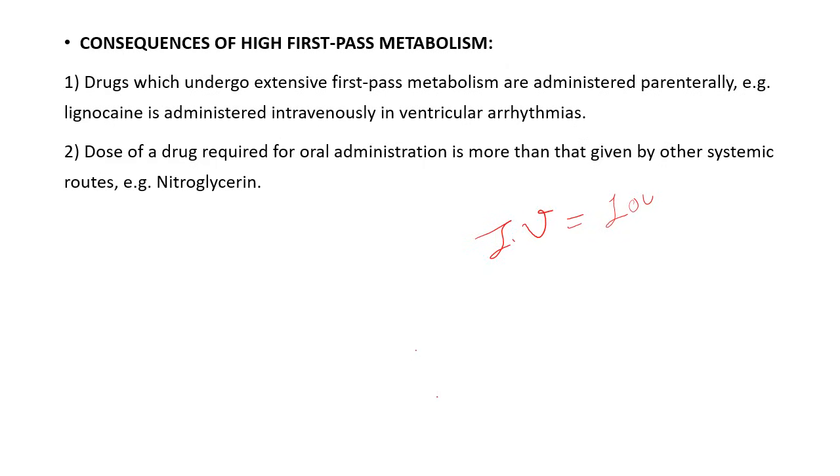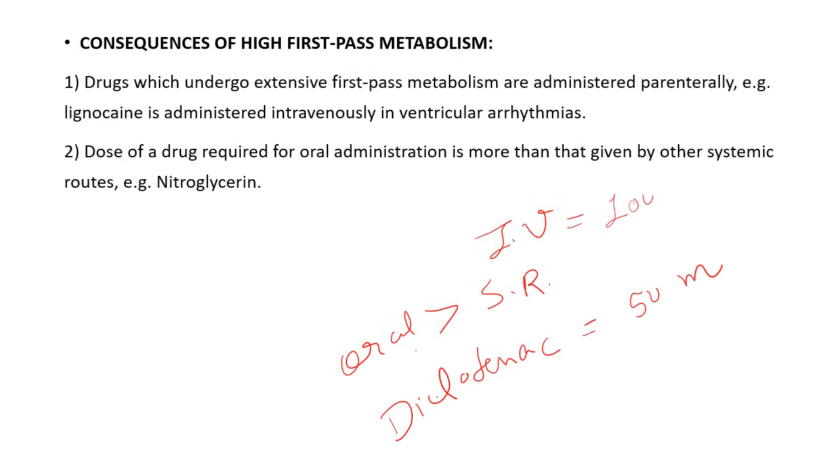Dosage of oral drug is more than systemic route. Example is diclofenac. When it is given by oral route, dose is 50 mg. The same drug, when given as injection, dosage is 25 mg per ml.